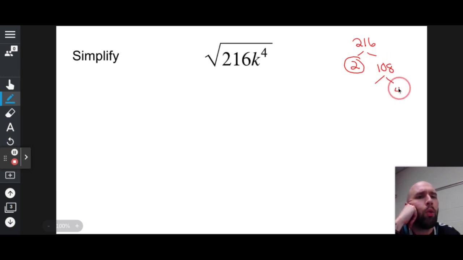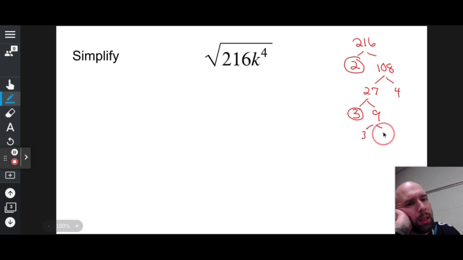Let's do 4 and 27. I can't circle anything. 27 is going to be 3. Circle that. And 9. 9 is going to be 3 and 3. Circle, circle. 4 is going to be 2 and 2.